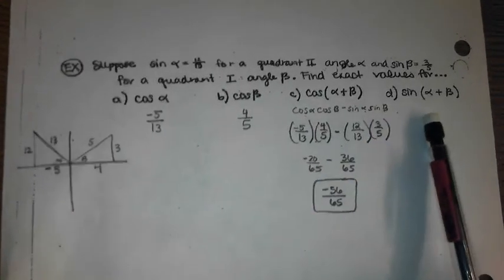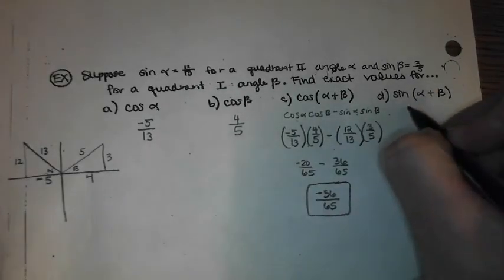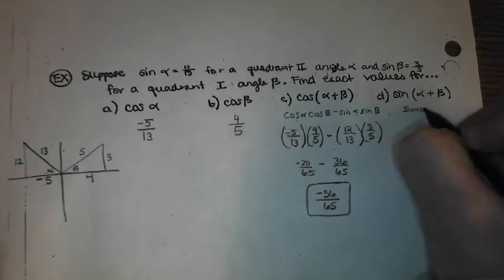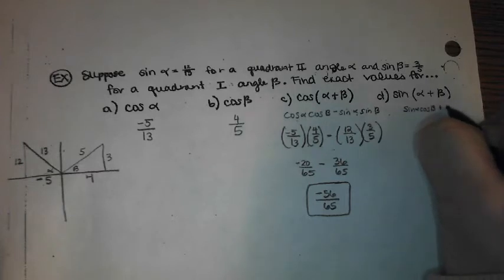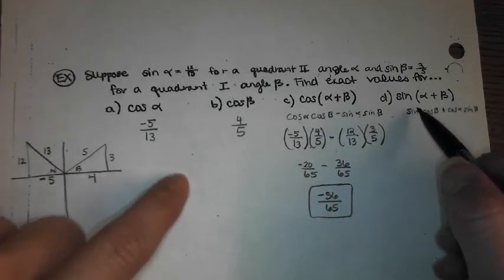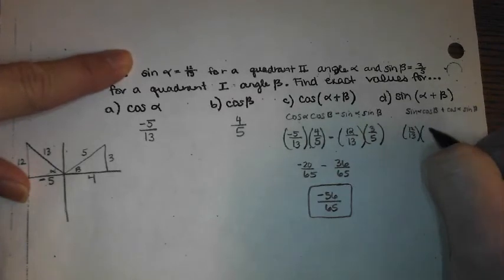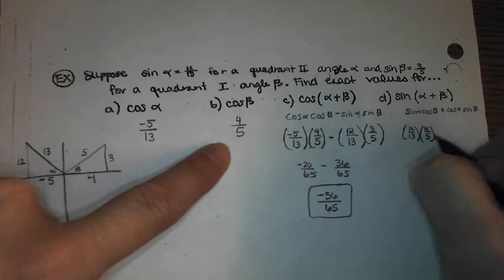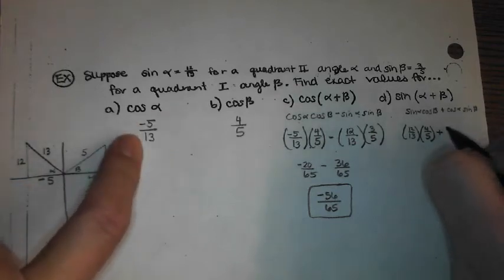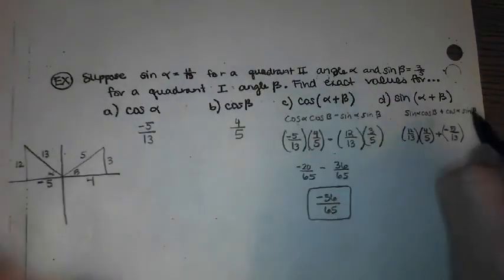And then D is going to be this, a similar problem, just different formula. Sine of alpha plus beta, stealing that formula off the front. Sine alpha cosine beta plus cosine alpha sine beta. So sine alpha given, 12/13, times cosine beta, 4/5, plus cosine alpha, negative 5/13, times sine beta, 3/5.